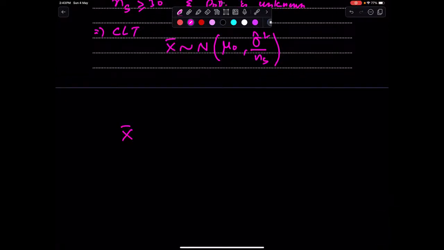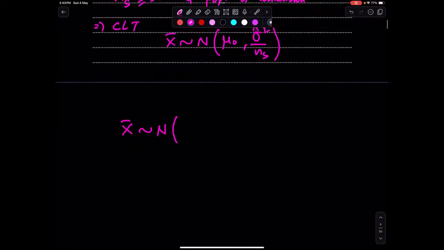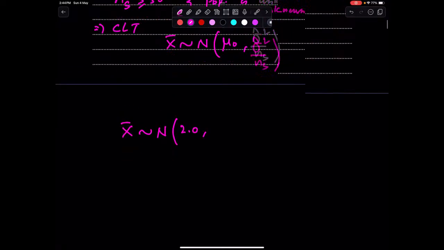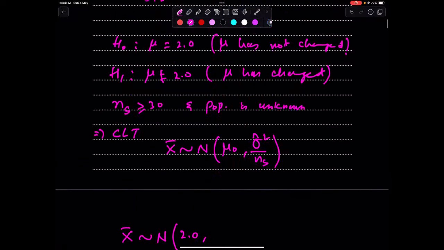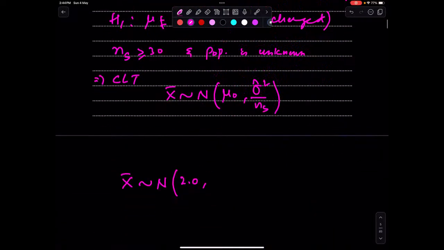Now X bar is normally distributed, mu naught is 2.0 and sigma cap square is 731 over 398 times n.